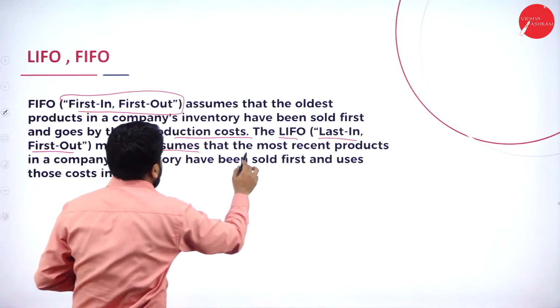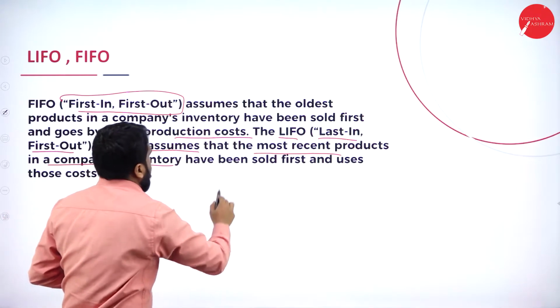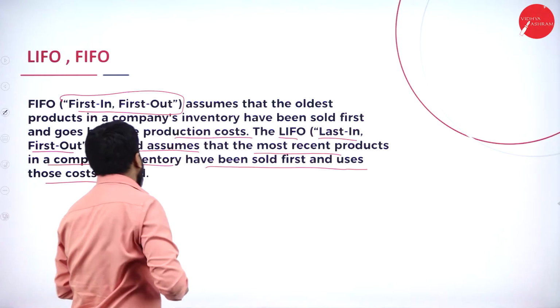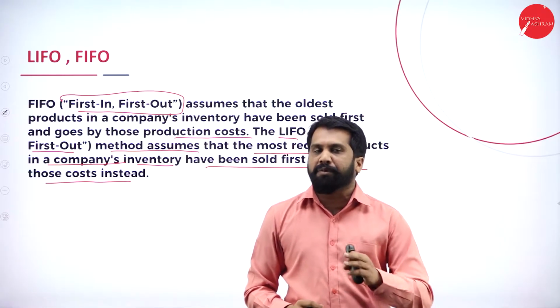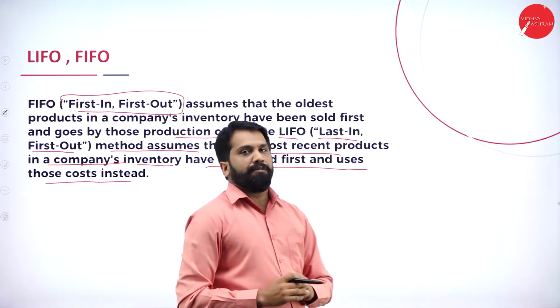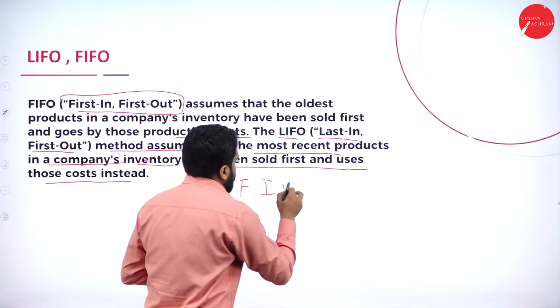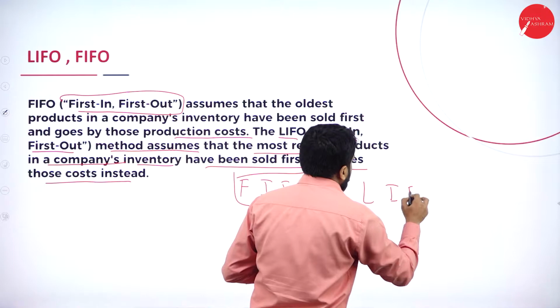This method assumes that the most recent product in a company's inventory has been sold first and uses those costs instead. I'll give you the best examples so that you will understand what is LIFO and what is FIFO.